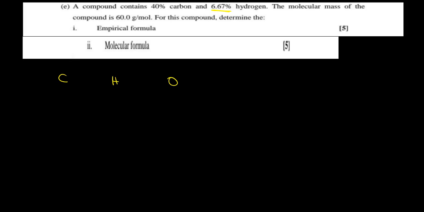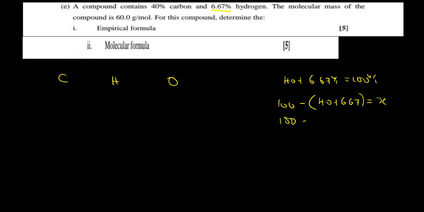So you had 40% plus 6.67%. These can't give you 100%. We always want 100%. So what you do is you say 100% minus, open bracket, what is available, is equal to x that we don't know. So 100 minus this will give us what?